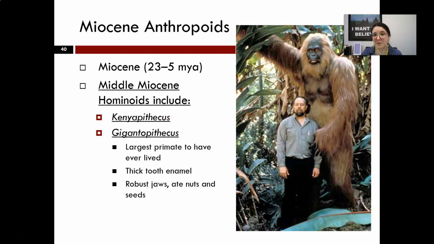However, gorillas themselves are quite large, right? Orangutans are also large as well. So potentially it could have simply been that the wild men of the forest being documented, because of their bipedal form, were more likely one of the great apes themselves than one of these Miocene anthropoids such as Gigantopithecus.